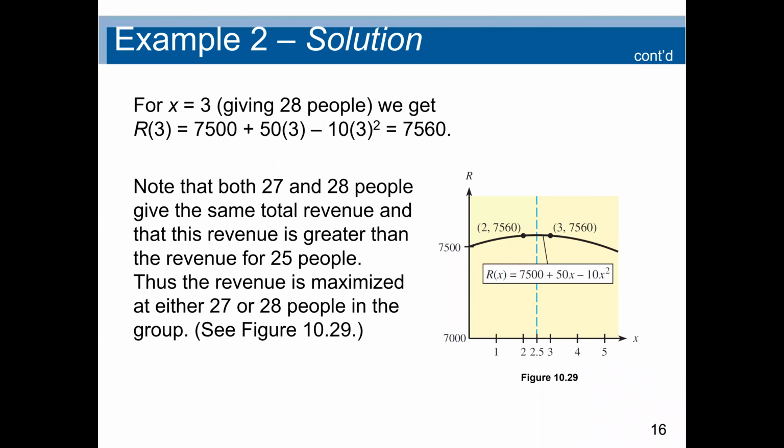And that revenue is greater than revenue for 25 people. 25 people will give us 7,500, but 27 and 28 will give us 7,560. So we can see the graph here. 2.5 is between 27 and 28, between 2 and 3 again. So that will be our, again, absolute maximum point.